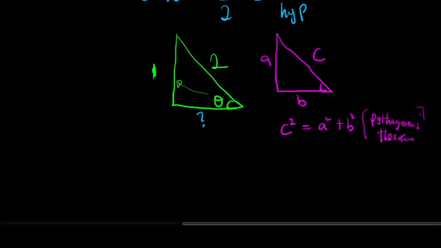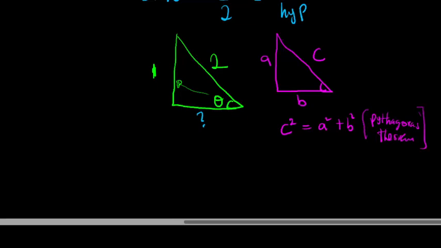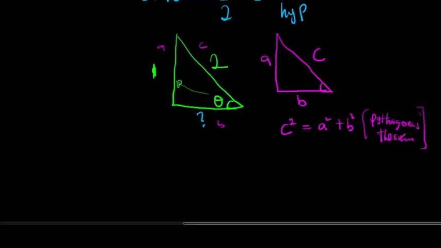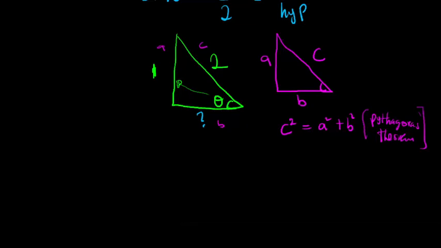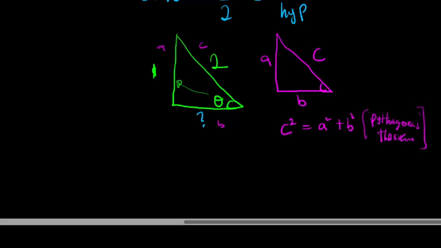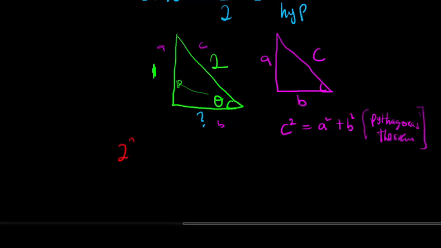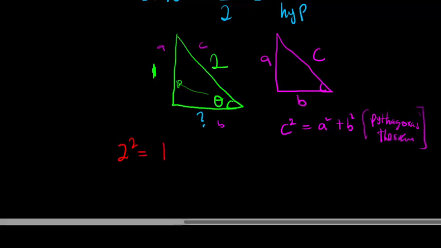So you have to master that as well. So C square equals A square plus B square. Looking at what we have here, this is C, this is A and this is B. That means we have 2 square equal to 1 square plus B square.